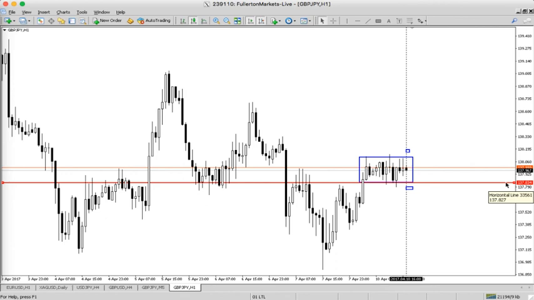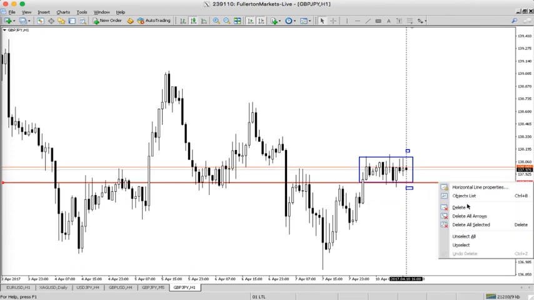That region looks like a pretty nice so-called convergence. So it sort of coincides between the M15 chart and the H1 chart as well for a short entry.